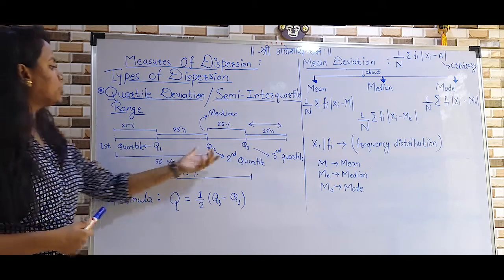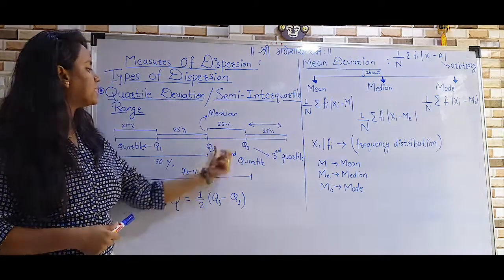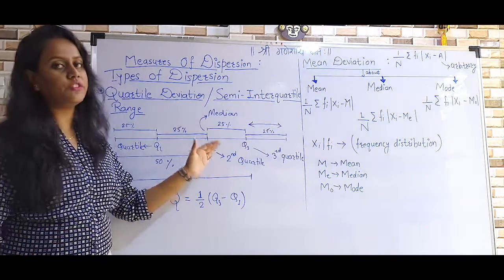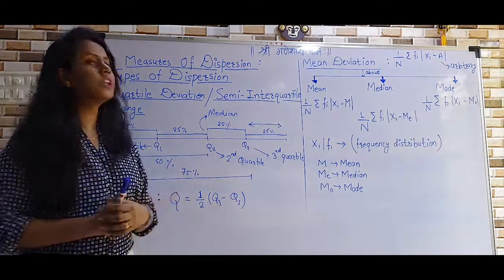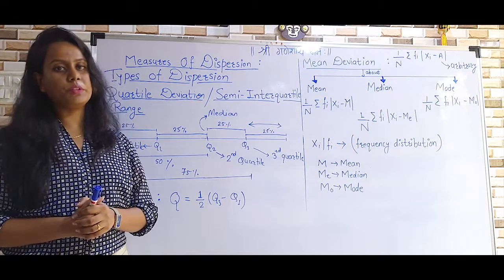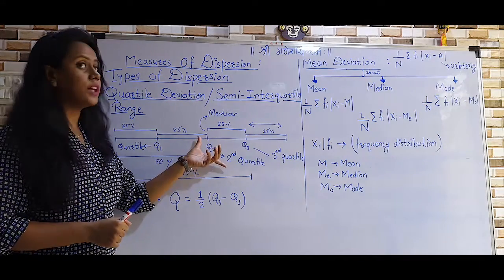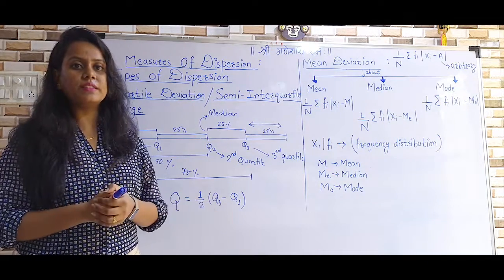After that, Q2 is our second quartile. What is the second quartile? From the start till Q2 there will be 50% of the data, and above that there will be the remaining 50% of the observations. Now, Q2 is sometimes referred to as the median. Why are we saying it is the median?